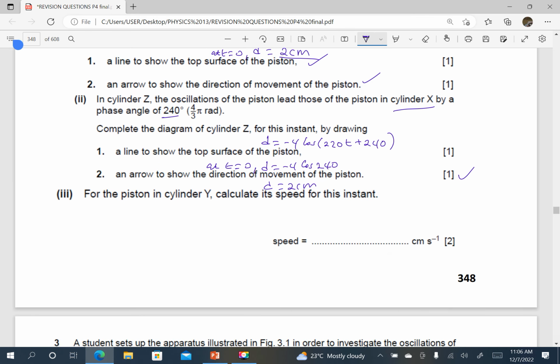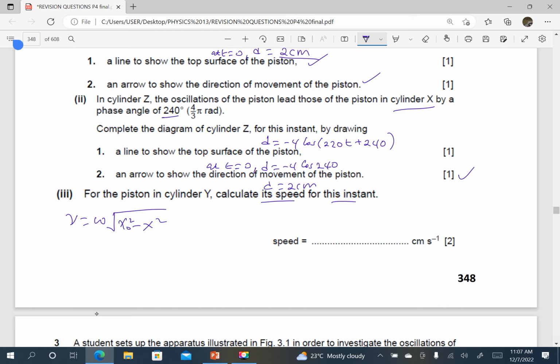For the piston in cylinder Y, calculate its speed at this instant. We want the speed at that instant. Remember, the displacement is 2 centimeters. So speed is generally given by omega times the square root of x naught squared minus x squared.